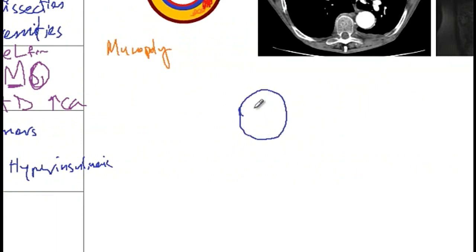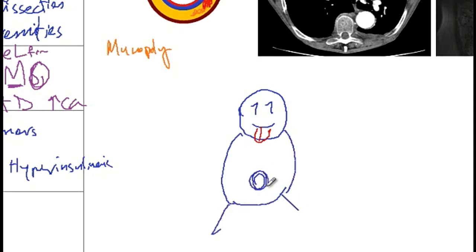So the eyes are two numbers 1 with a really large tongue. Then he has the omphalocele. He is holding a candy. And then internal organs, we have the liver and the kidney and the adrenal glands.